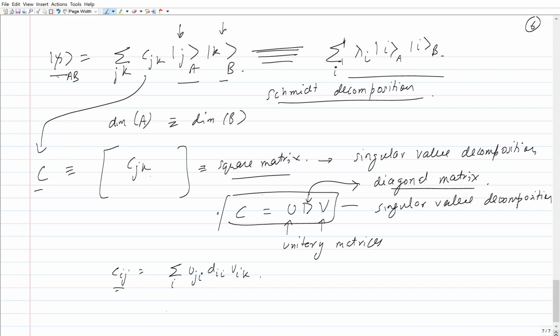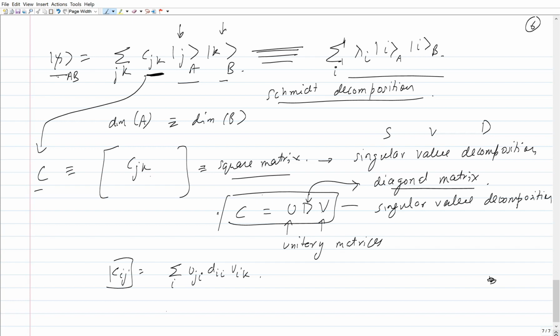So for now, take it as a theorem that, given that I have the SVD, the singular value decomposition, how am I going to express the state? Well, the Cjk's over here are the coefficients of Jk over here.